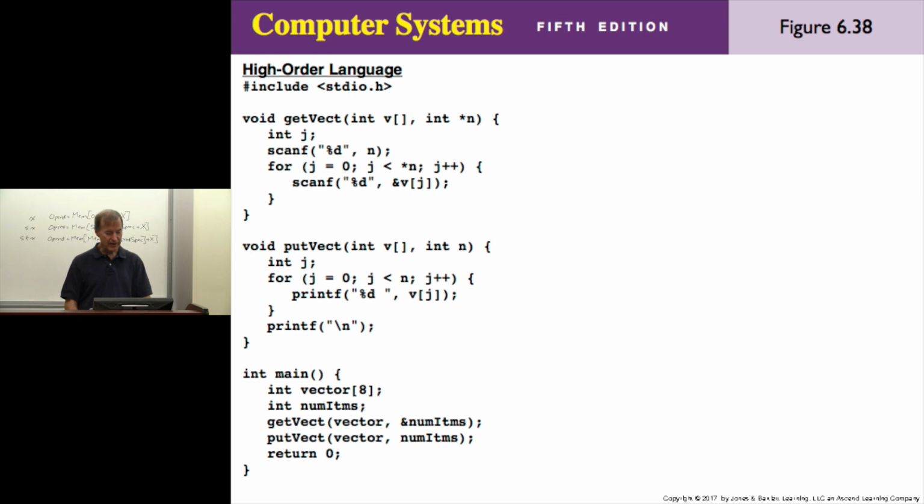There is a main program, and there is a vector that has 8 cells in it, and then num items is another local variable. So vector is a local variable, and num items is a local variable. And we have this function called getVect. It passes the vector as a parameter on the runtime stack, and then getVect accesses v. So that's the setup.